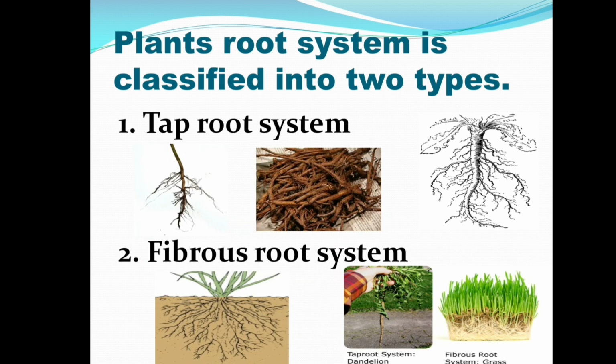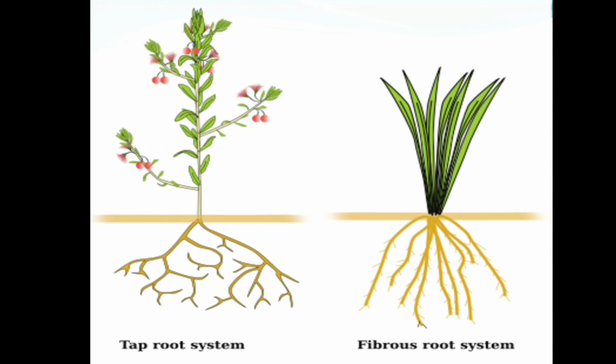So let us see in detail what is taproot system and what is fibrous root system. You can see here, this is taproot system and this is fibrous root system. You can see the differences in both the roots.